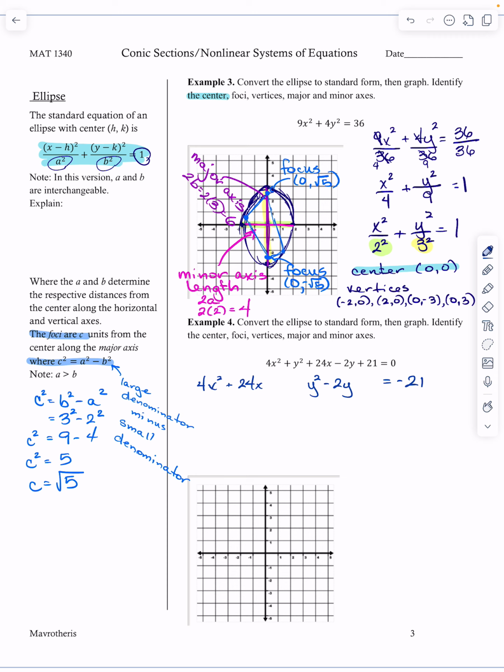Notice that before I complete the square with the x, I do need to factor a 4 out of both of those terms. I cut the 6 in half. I get 3. I square that, I get 9. Now notice that 9 is trapped inside these parentheses, so it's really 4 times 9. I am adding 36 to the other side.